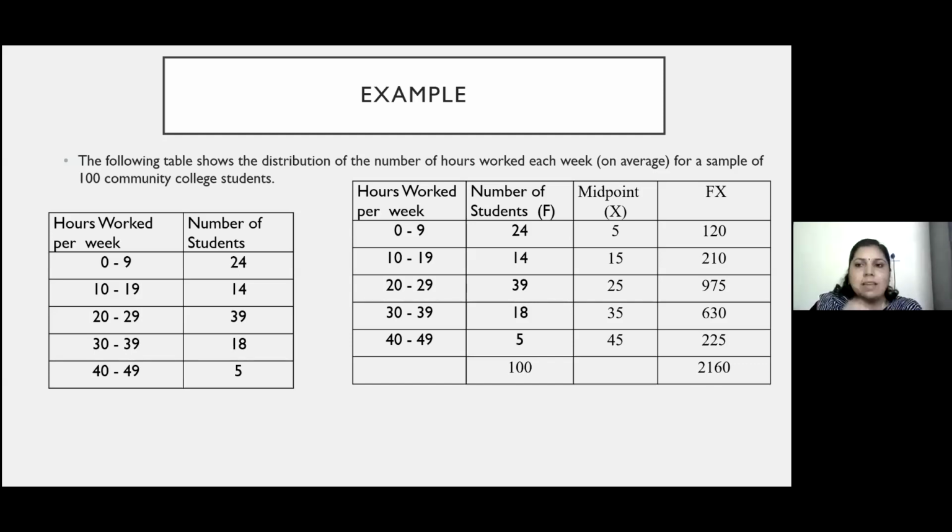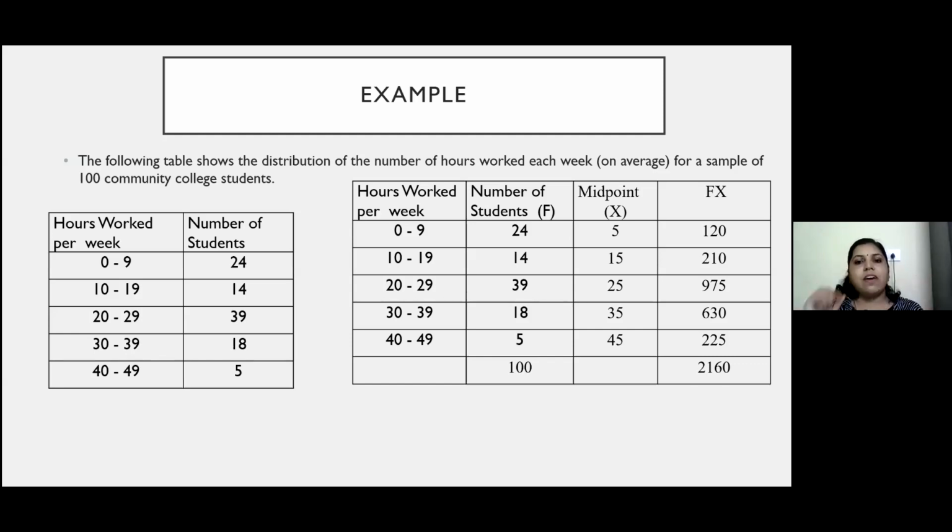How will you find the mean? When there is a class interval, first you have to find the midpoint. On the right side there's a table I have solved, where all the class intervals are converted to midpoints. 0 to 9: the midpoint is 5, because 0, 1, 2 up to 9 is 10 values, and 10 divided by 2 is 5.